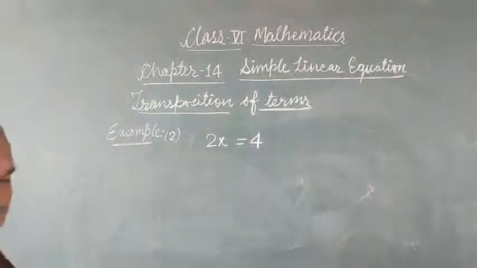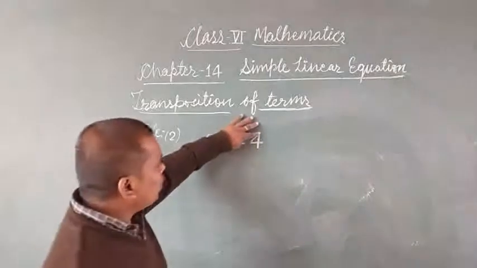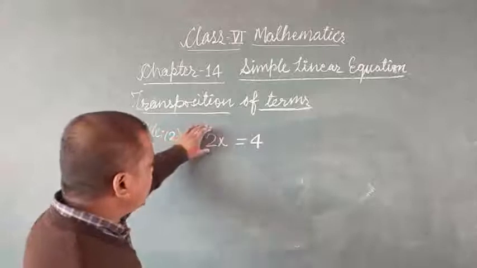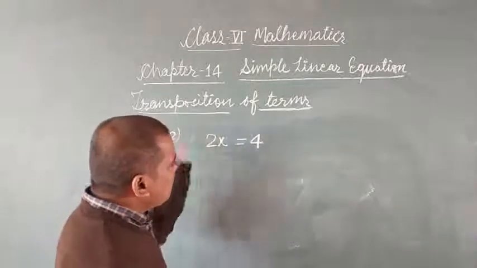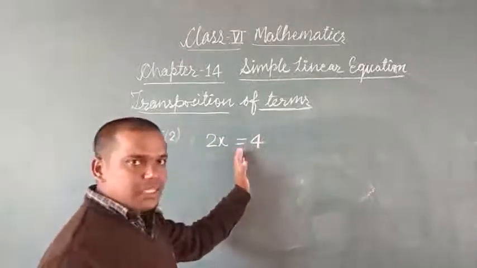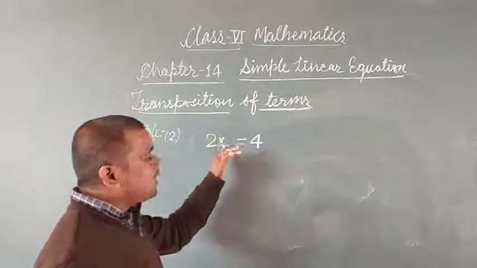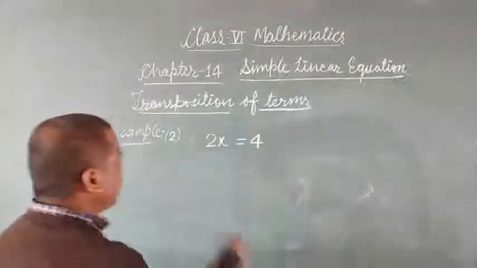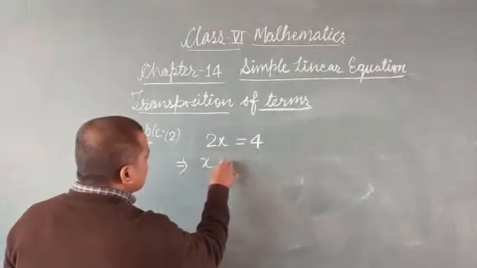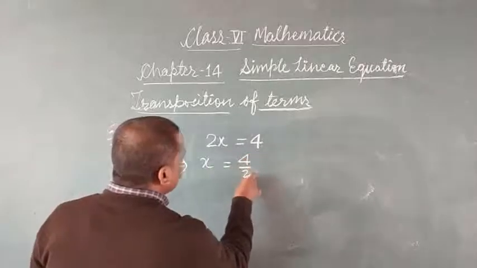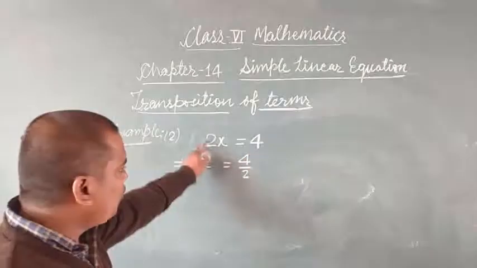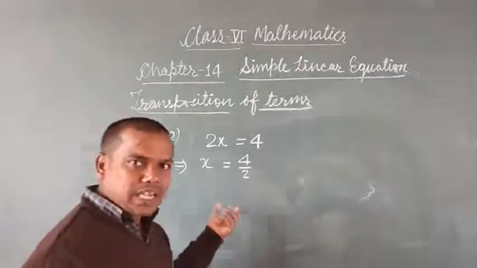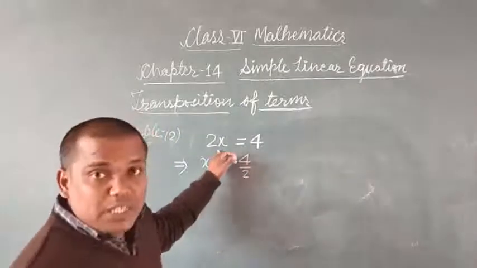Here we are not going to send the term from left side to right side, but simply this 2 is going to the right side, but it is not in addition or subtraction with x. So we will not change the sign. So what we write? We simply write x is equal to 4 by 2. There is no change in the sign of 2 because 2 is not in addition with x or subtraction with x. It is the coefficient of x.